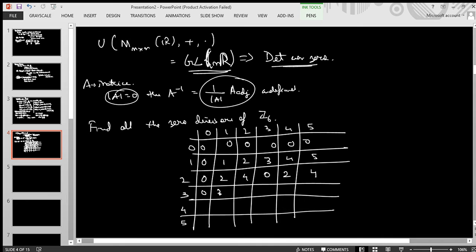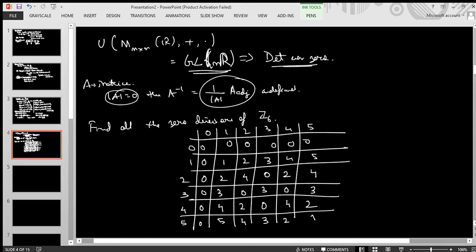The row of 3 is 0, 3, 0, 9 is 3, 4 times 3 is 12, which is 0, and 15 is 3. Then you have 0, 4, 8 means 2, 12 is 0, 16 is 4, and 20 is 2. Then 0, 5, 10 is 4, 15 is 3, 20 is 2, and 25 is 1.